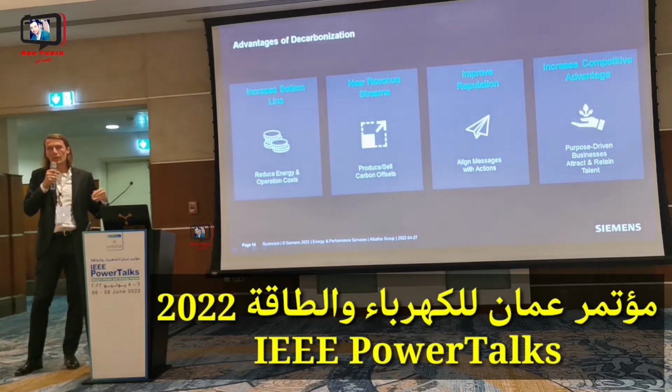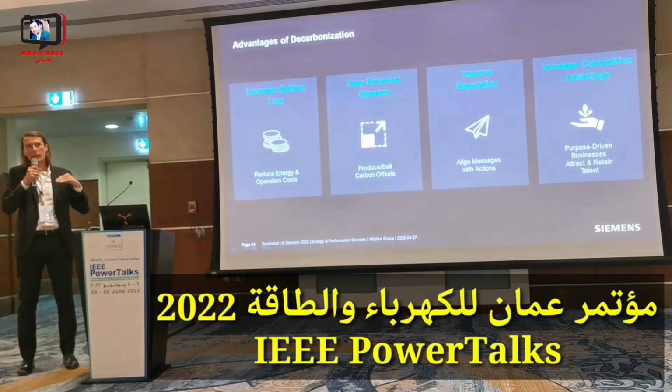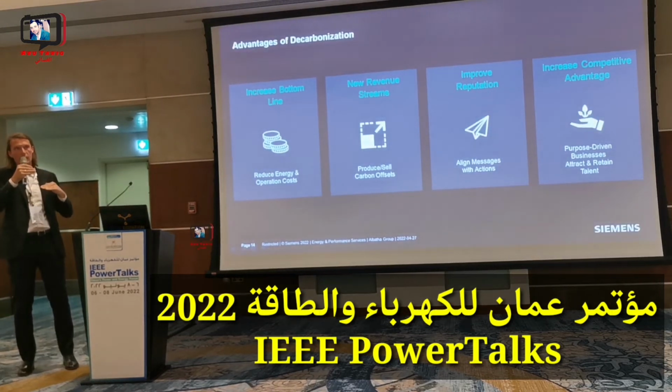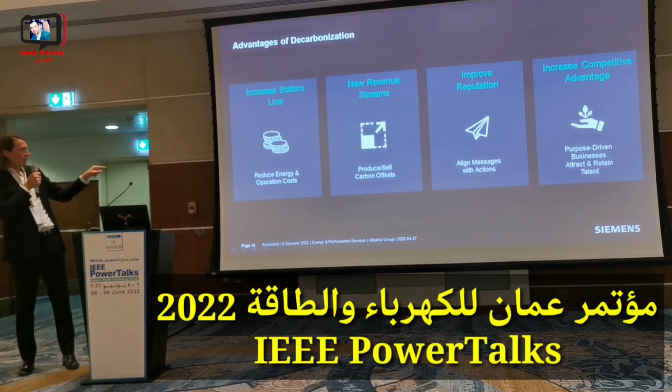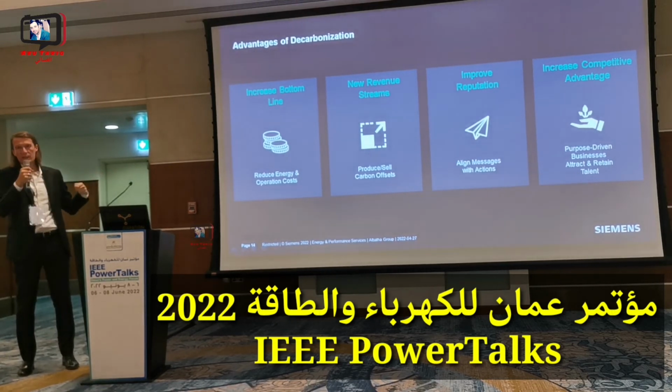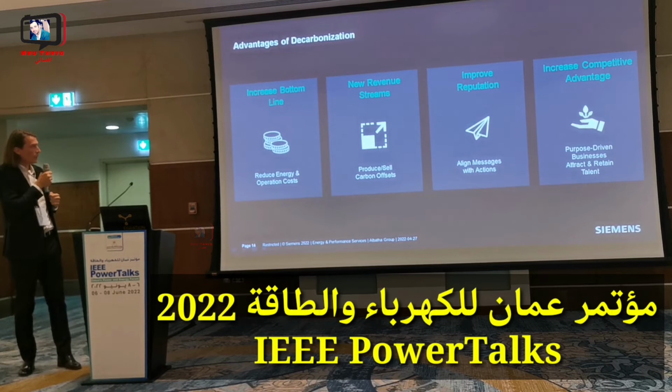But on the other hand, some industries and some buildings can overachieve, so they can actually have higher absorption compared to emission of CO2, and they will have carbon certificates that they can sell to the industries that cannot be carbon neutral.